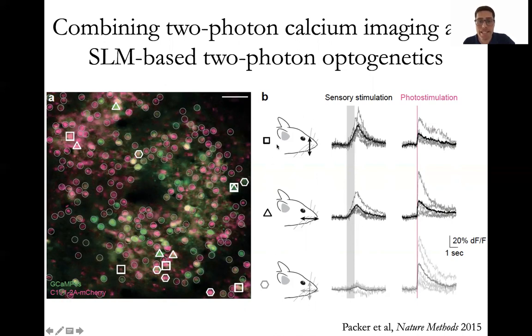So for example, we can identify neurons in the mouse barrel cortex. This is again the part of the rodent, the mouse brain that's responsive to tactile stimulation of the whiskers. And we can find neurons, shown by the squares, that are active when we flick the whiskers in one direction.